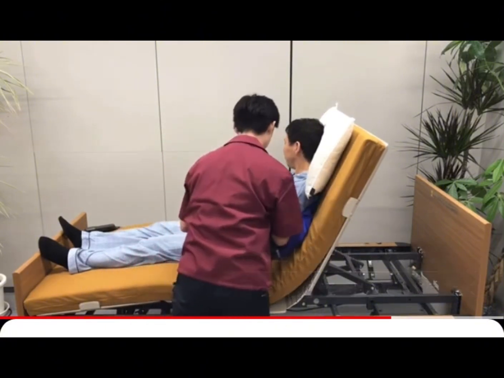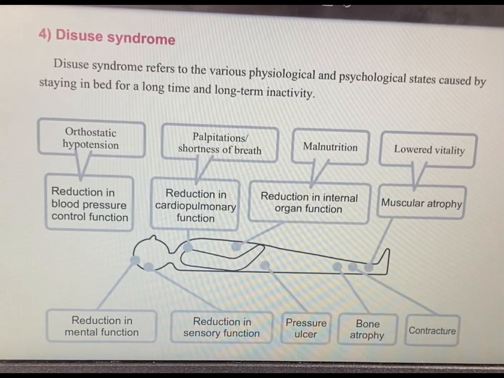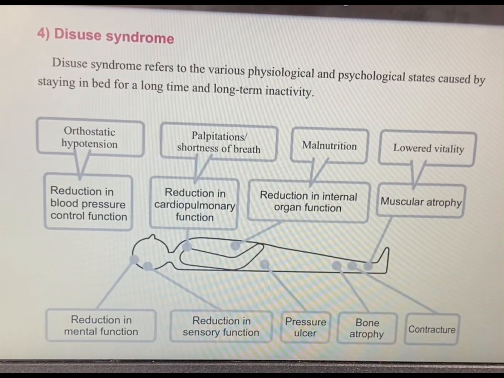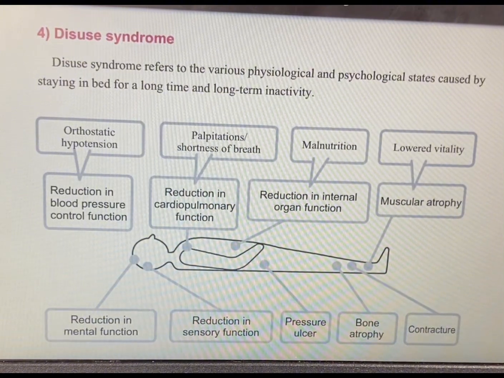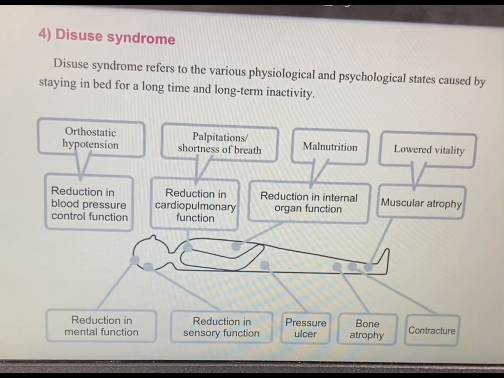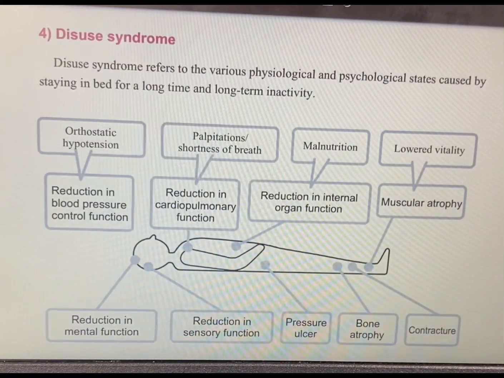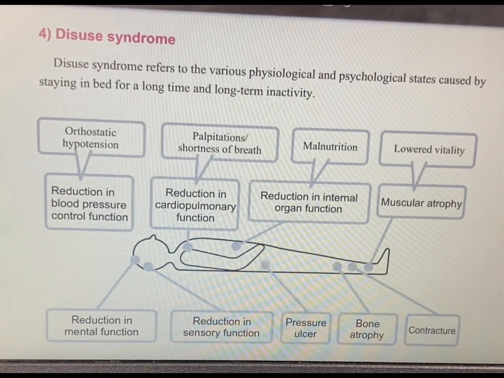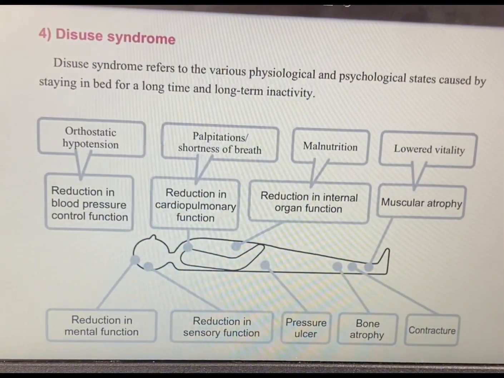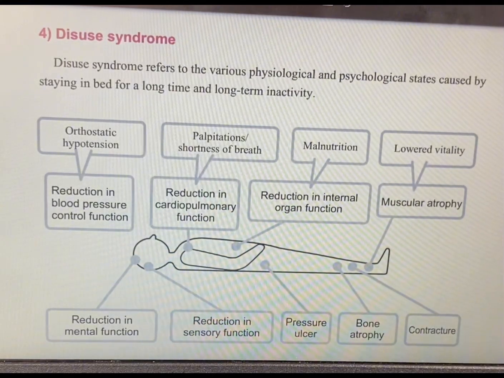Disuse syndrome. This refers to the various physiological and psychological states caused by staying in bed for a long time and long-term inactivity. Ano ba yung possible reasons para long-term kang nakahiga? Posible naging bedridden ka because nagka-aksidente or may surgery, na-coma, or ano pa bang mga ganun.